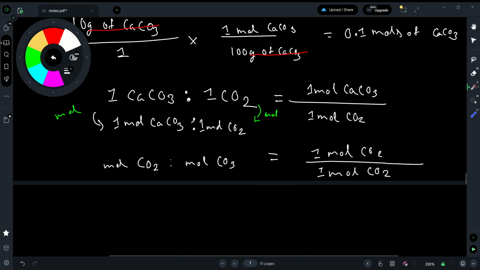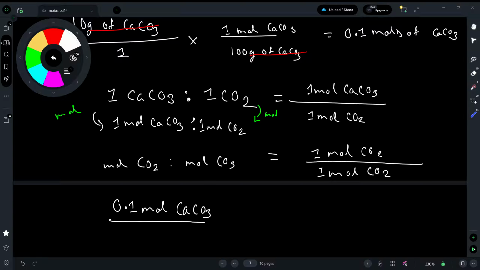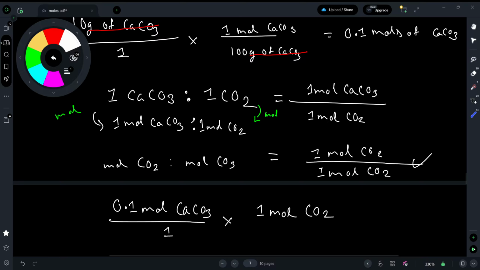We have 0.1 mole calcium carbonate, and we know the ratio of our moles. So we put carbon dioxide on the top, so that we can cancel out our mole of calcium carbonate.